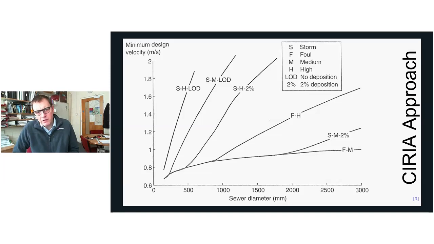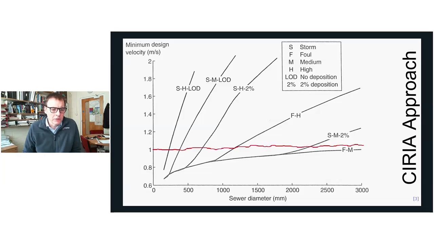So rather than a fixed velocity which applies to all pipes, what we have is this chart. If we were to draw a line on this chart to represent the fixed velocity for all pipes, it would be a line that looked like this, obviously a bit straighter, at 1 meter per second for all pipe diameters.